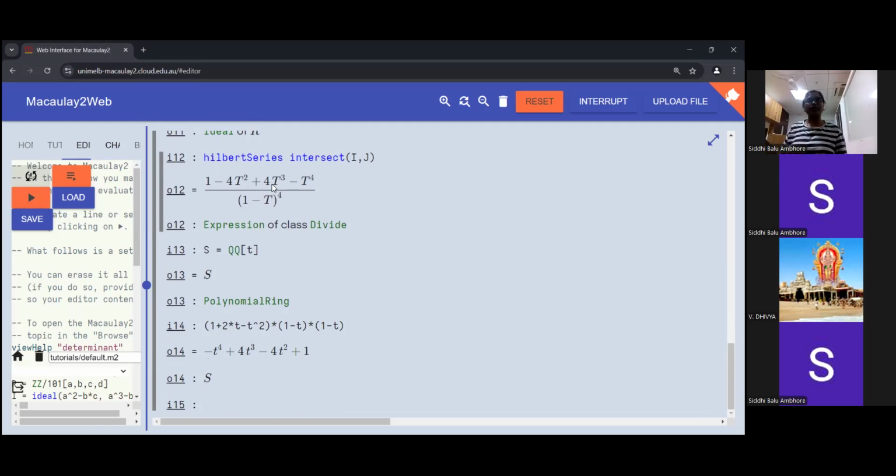Whatever denominator we got by simplifying, when I multiply it by 1 minus t whole square, it gives me this polynomial here. So is that okay? Let me just check what you are writing in the chat. Is this okay now?